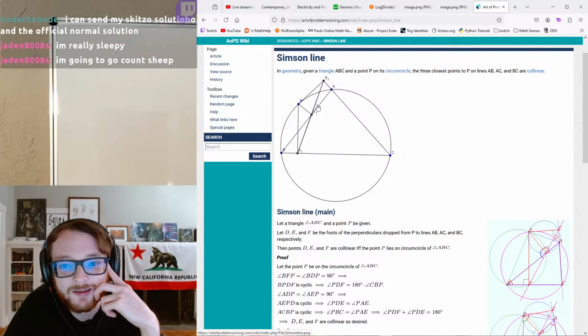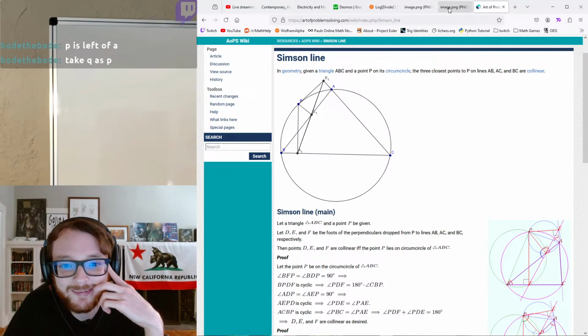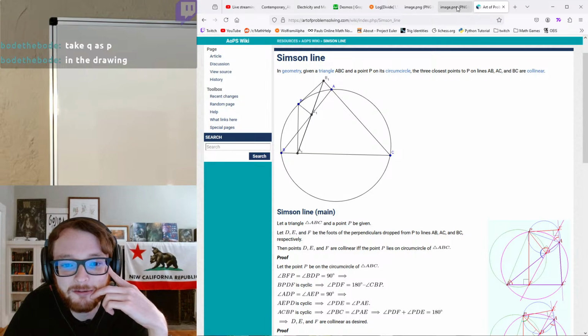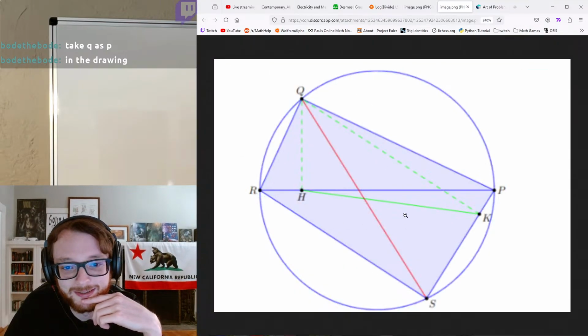See ya, Jaden. It's a P on lines A, B. Huh. What a crazy theorem. How do you figure this out? There's a proof right down there. I don't want to actually know though. Take Q as P in the drawing.